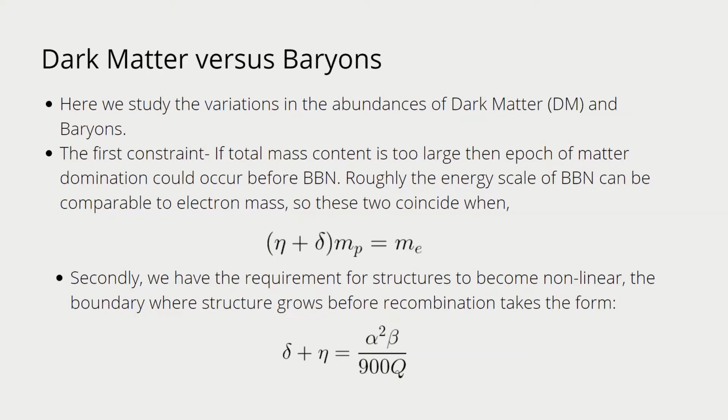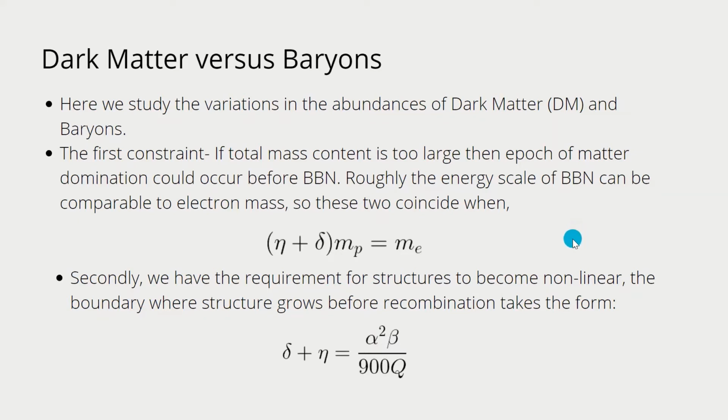So we get the following constraint, which is simple. I mean, the sum of the baryons and the dark matter, and we have assumed here that the dark matter has the same mass as that of baryons, the dark matter particles, whatever they are. So we have multiplied it by the mass of proton, and then we have equated it with the mass of electron. So we get the following relation.